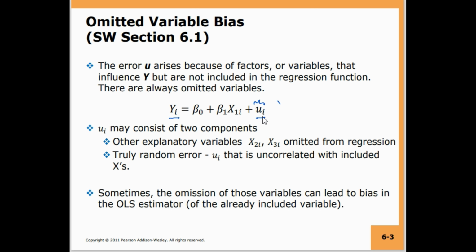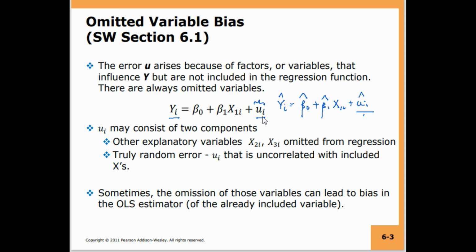So yi is equal to, when we estimate the equation from a given sample of data, we may estimate the equation like this. We have the estimated beta 1 hat and beta 0 hat parameters, and we have x1i plus ui hat. So this ui hat is, after you have built a regression model, the errors that are left over are known as ui hat.